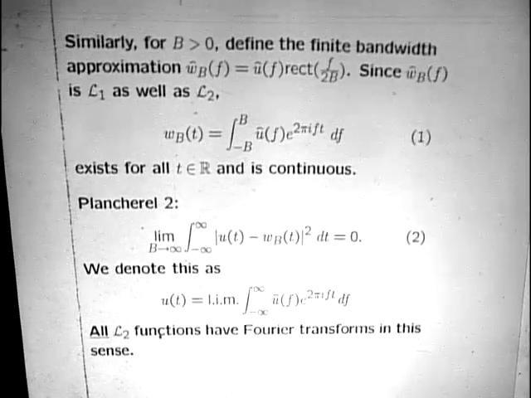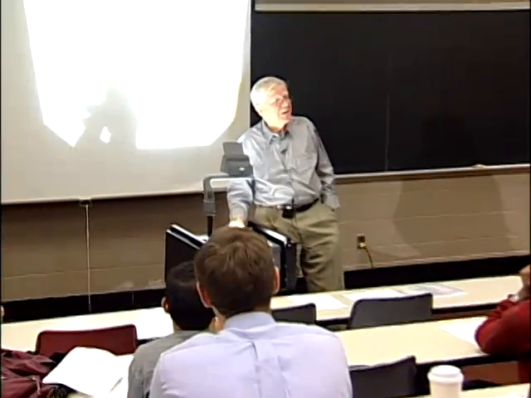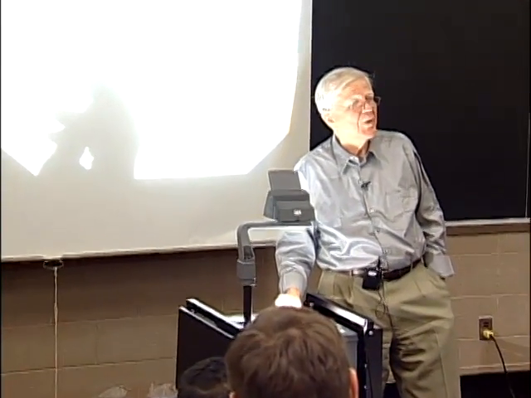Yeah? Could you discuss non-uniqueness? I mean, there clearly could be many u hat of f that satisfy Plancherel 1 and Plancherel 2. Yeah, in fact, any two functions which are L2 equivalent. But you see, the nice thing is when you take this finite bandwidth approximation, there's only one.